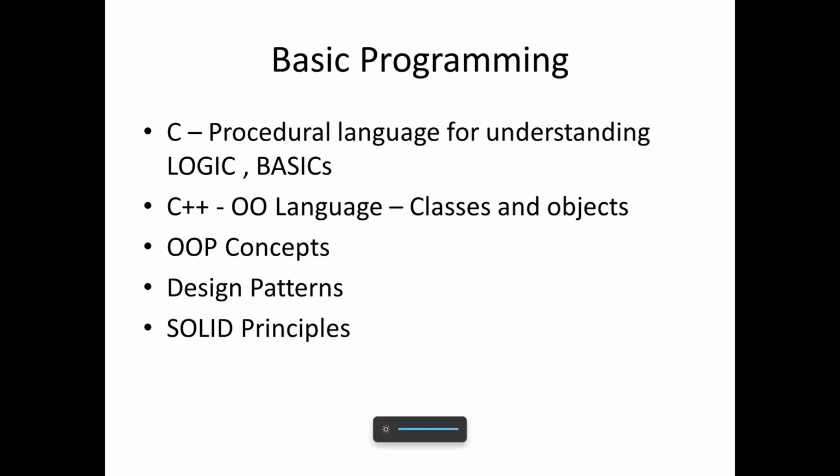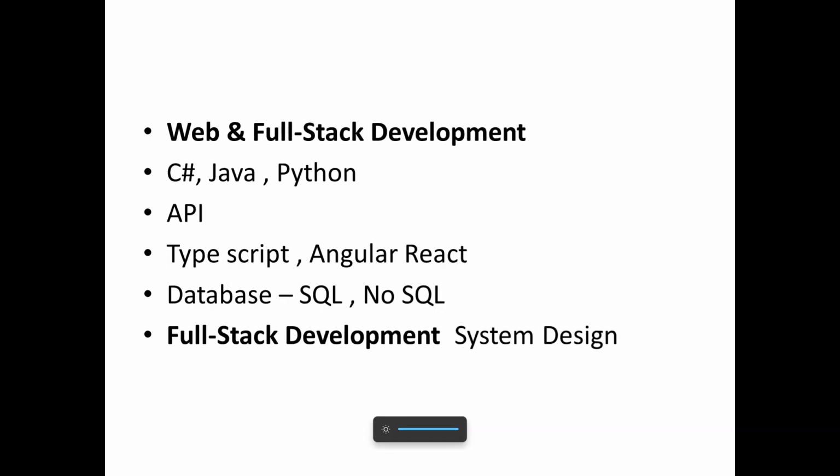Once you are very familiar with the basics of programming, the next step is to choose a popular high level language, which can be .NET C Sharp, Java, or Python. Having knowledge of one and being familiar with another is fine.